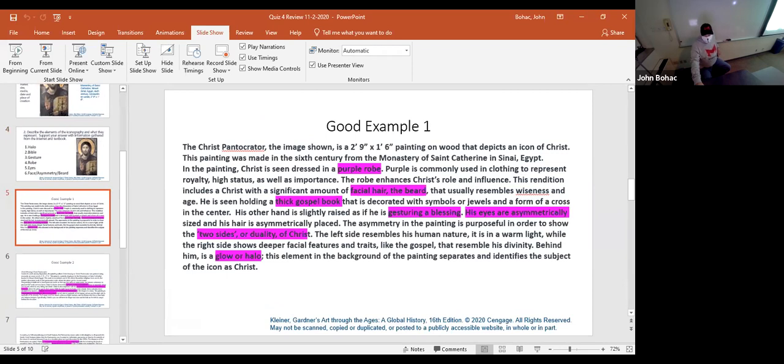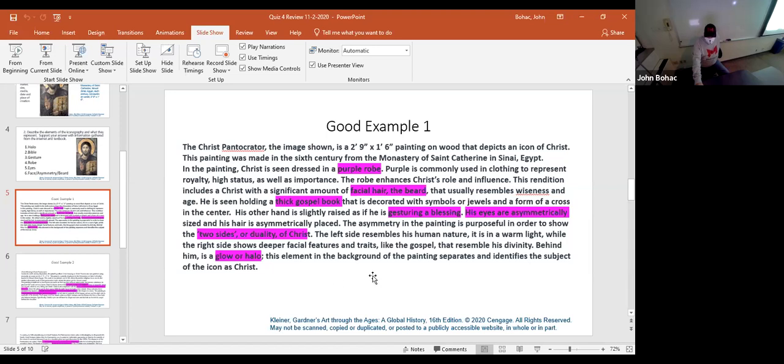I have a bunch of good examples here, and I've highlighted the kind of stuff that I'm talking about. Christ is seen dressed in a purple robe. The facial hair, the beard, that usually indicates wisdom. But, you know, I wasn't going through it for grammar, but that was a good one.